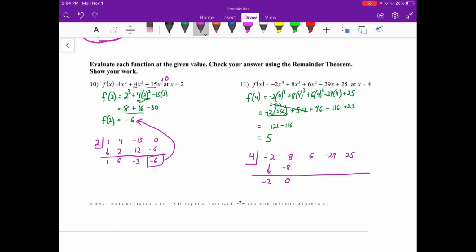Add those together, we get 0. 4 times 0 is 0. 6 plus 0 is 6. 4 times 6 is 24. Negative 29 plus 24 is negative 5. And 4 times negative 5 is negative 20. And we get 5. So in that case, it was actually much easier to do the synthetic division to find f of 4.